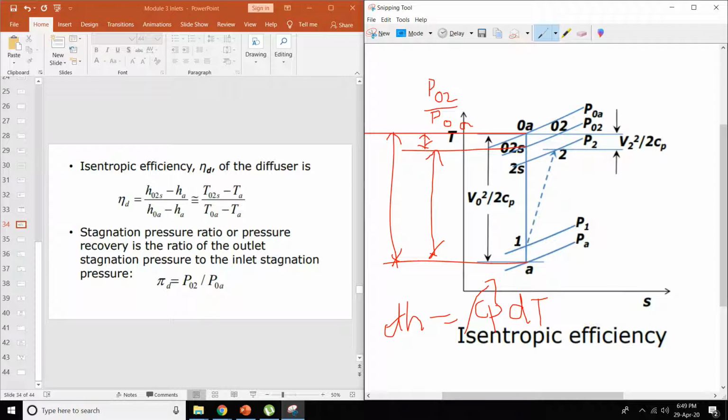Okay, so this difference is, I mean, your stagnation point could have been this, but it is here right now because of all the losses. So this is your pressure recovery term. So how much of it was lost?